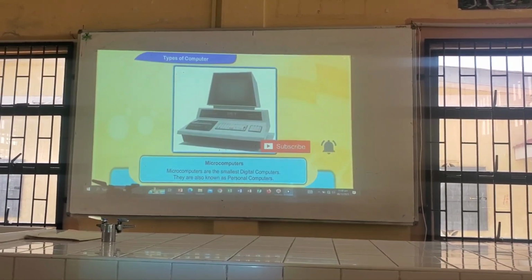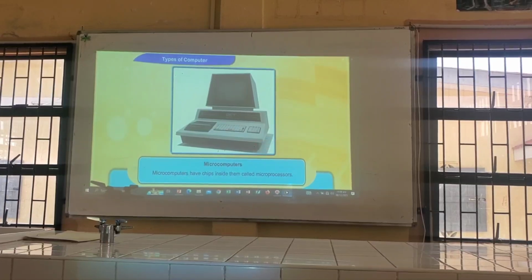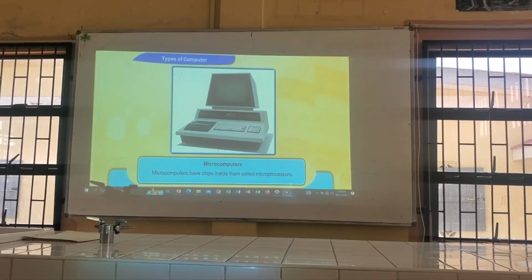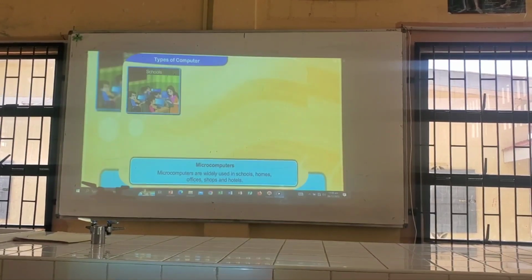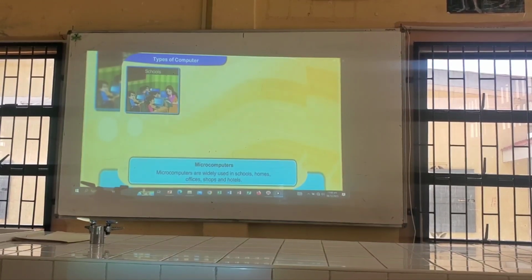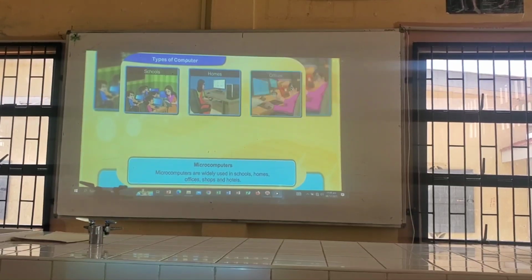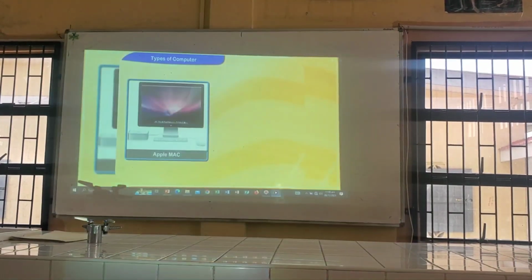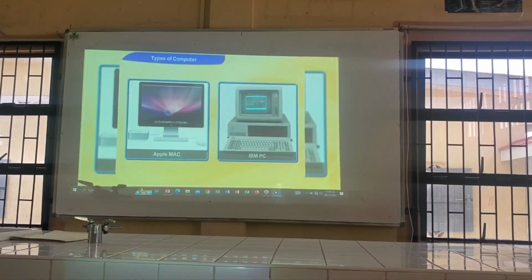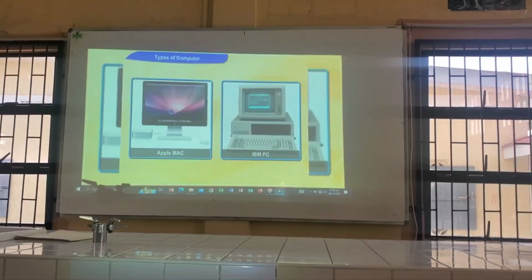They are also known as personal computers. Microcomputers have chips inside them called microprocessors. These computers are widely used in schools, homes, offices, shops and hotels. Apple Mac, IBM PC are some of the microcomputers.